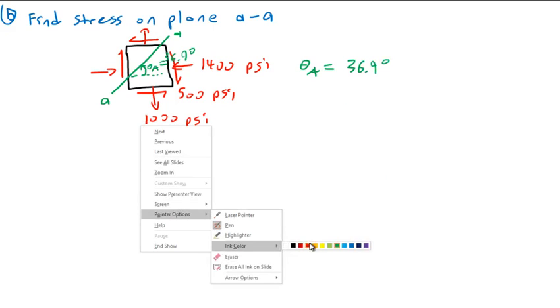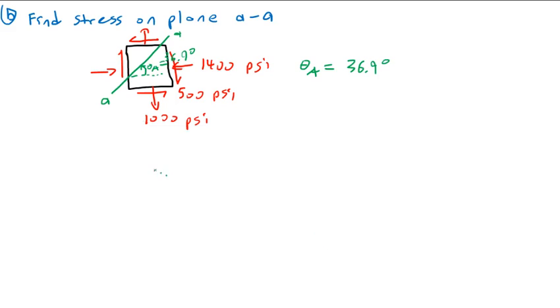Now, do you remember when I said that the angle in the actual Mohr circle is twice the angle of the physical angle? So, solution, what are we going to do with this?